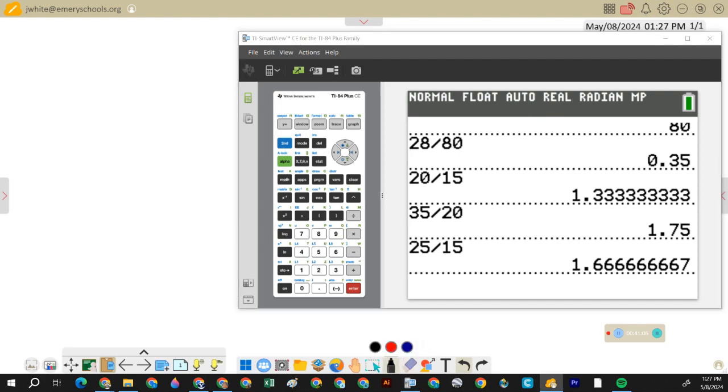Hypothesis testing. So let's say I make a claim that the average height of males at Emory High is 71 inches.